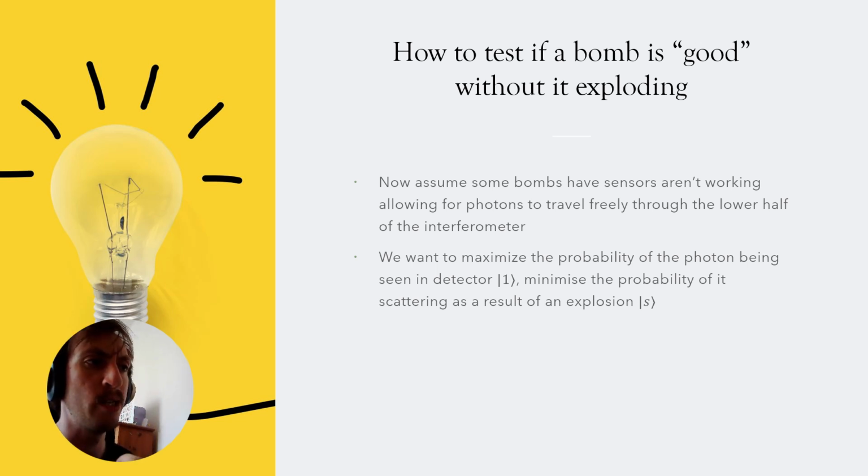But we want to minimise the probability of our photon ending up being scattered and never arriving at detector 1 or detector 2, because remember, if a photon ends up in a scattered state, that means the VOM has been triggered, so we have an explosion.